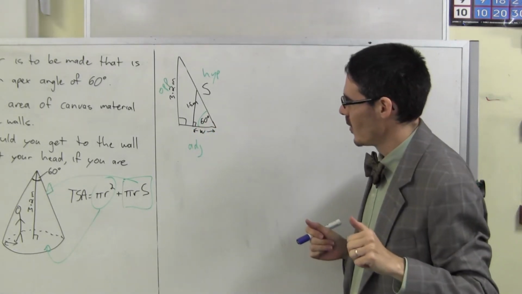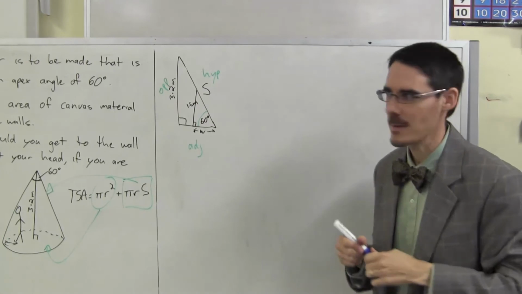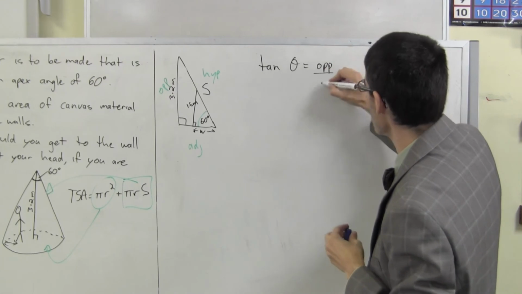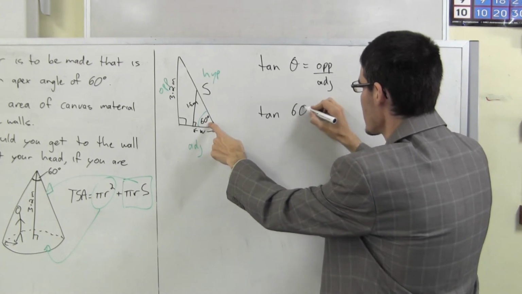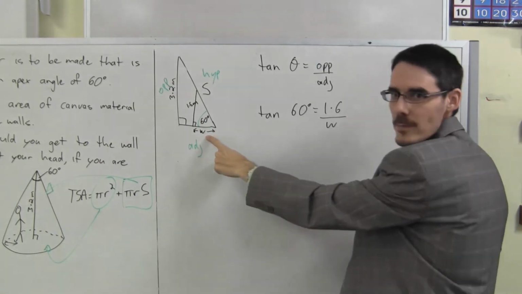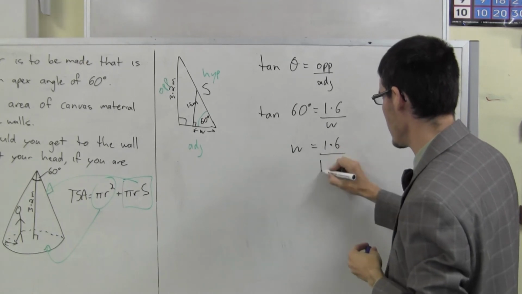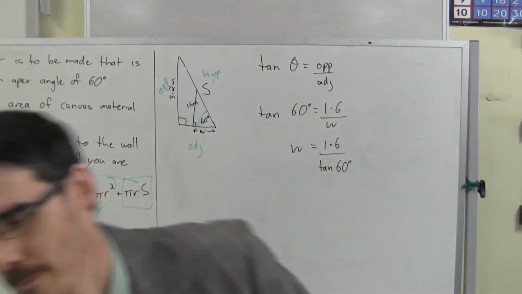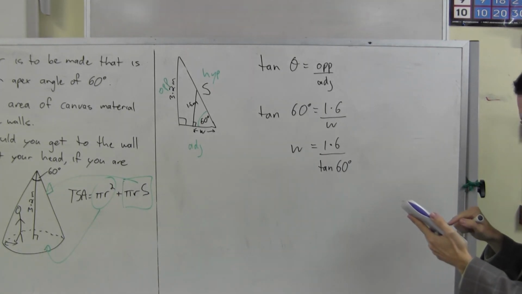Trigonometry. Which rule do I need? This is the adjacent, that's the opposite. I need tangent. Tan of my angle is opposite on adjacent. Put in what I know. Tan of 60 degrees is 1.6 over W. Cross multiply. W is 1.6 over tan 60. Calculator. 1.6 divided by tan 60.